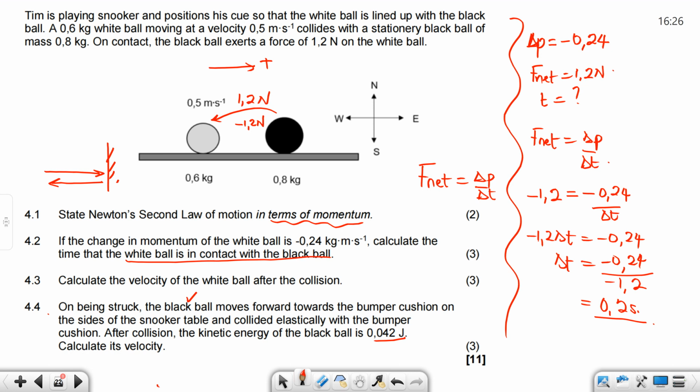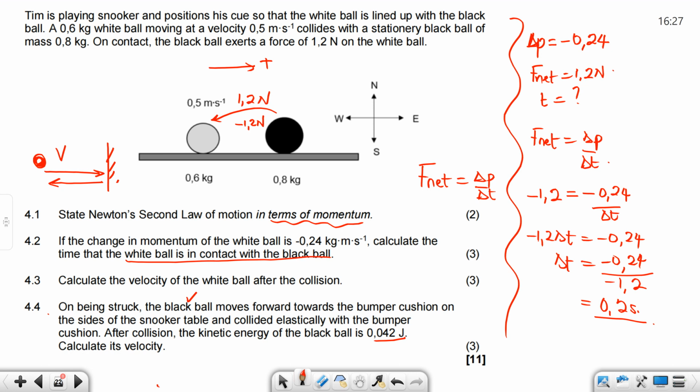No. Right now, you are not able to separate the motions. It was stationary before the white ball hit it. Read it. 4.4. On being struck, what happens? It now moves. The black ball moves forward towards what? The bumper cushion. Do we know that velocity with which it's moved forward?